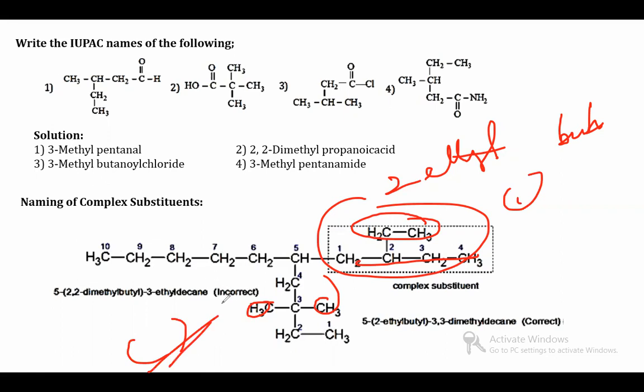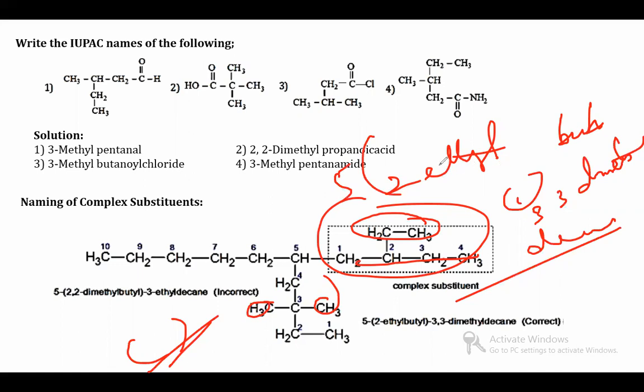The third carbon will be having 2 methyl groups. So after that, 3, 3 dimethyl. Next, carbon number 10, root word decane. So the proper name is 5-[2-ethyl-3,3-dimethylbutyl]decane.